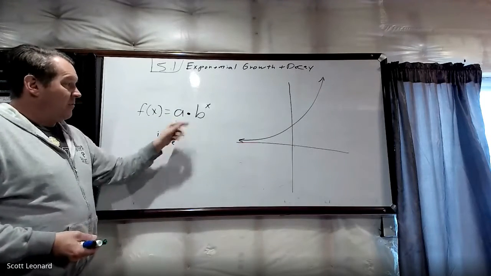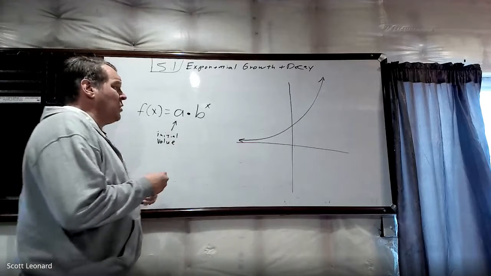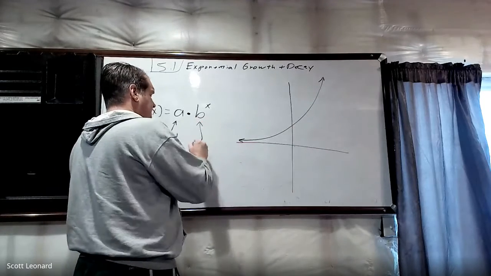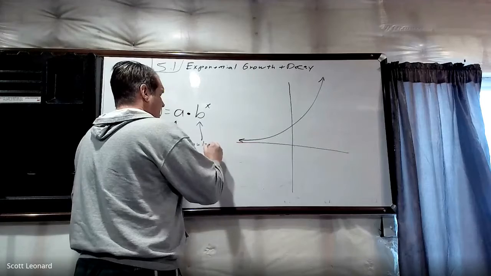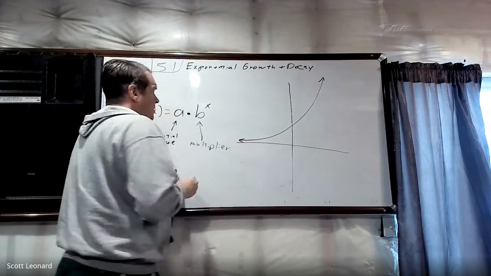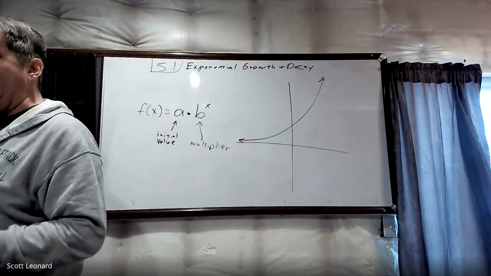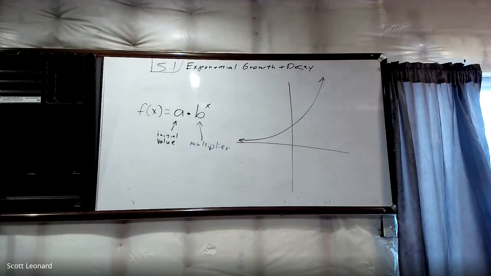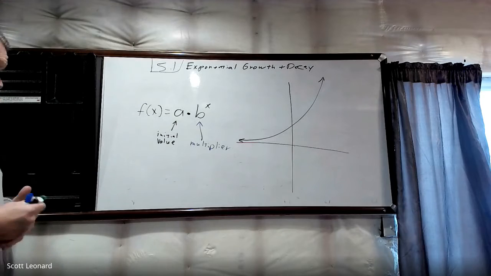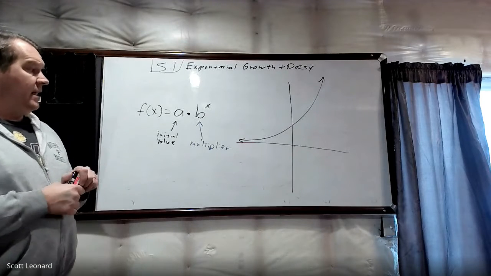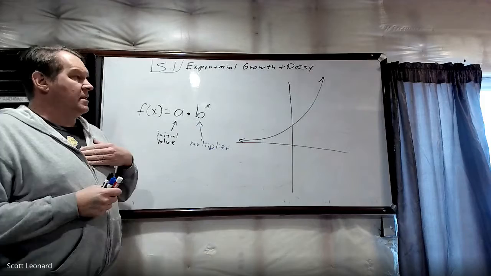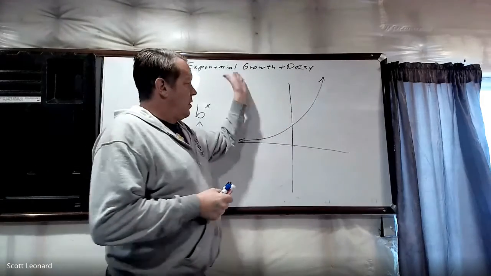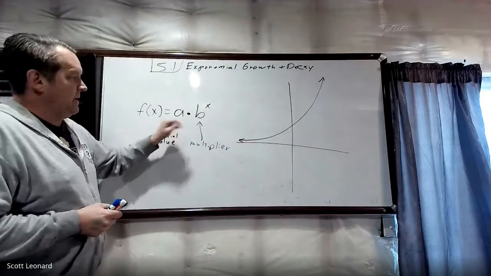Now the B value is known as your multiplier. The multiplier is going to describe how fast something grows. A lot of times when we do this, it's going to be a percentage. The determination of whether it goes up or comes down will depend on this B value.